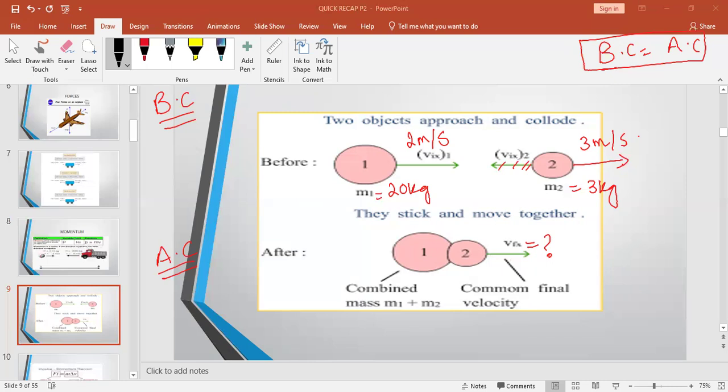This is the second case, okay? I'll find out the mass and velocity before collision, and then I'll find the momentum after the collision. You will find the momentum before collision for both 1 and 2, okay?